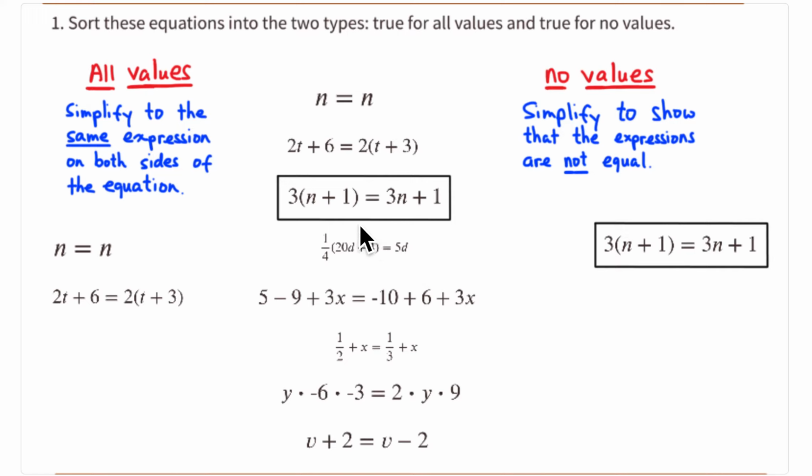The next one. The slope is going to be 3. So it's 3n right here, the coefficient of the variable, and if we call that x, it's y equals 3x plus 1. The slope is the coefficient of the variable, which is x, or n in this case. So the slope is 3, and do you see that the slope is also 3 on this side? So these lines are going to be parallel at minimum. Now they might be the same line, but at minimum they will be parallel.